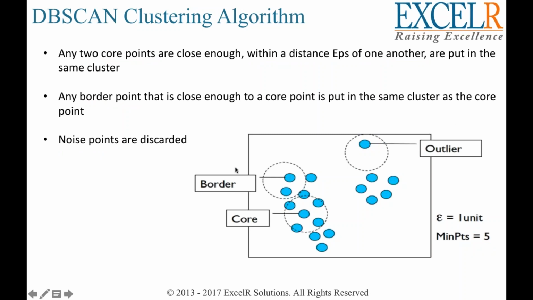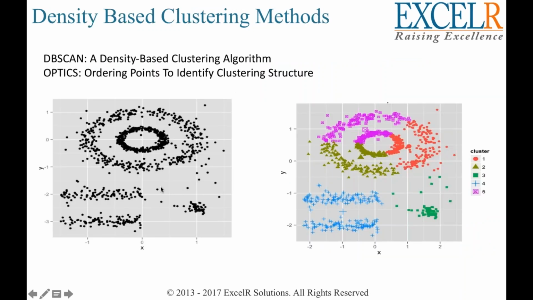In order to visually understand this, let us look at this. OPTICS is something that we're going to discuss as part of the next clustering series, which stands for Ordering Points To Identify the Clustering Structure. But for now, we'll focus only on DBSCAN. If this particular data set is provided to you, when you plot it, if it appears like this, then how many clusters do you think exist?